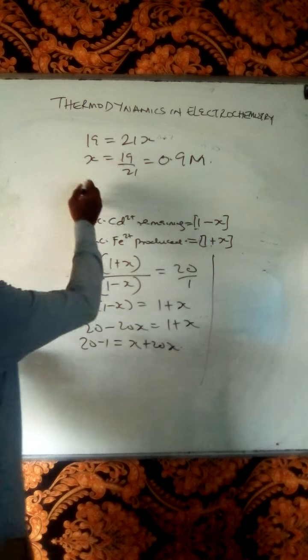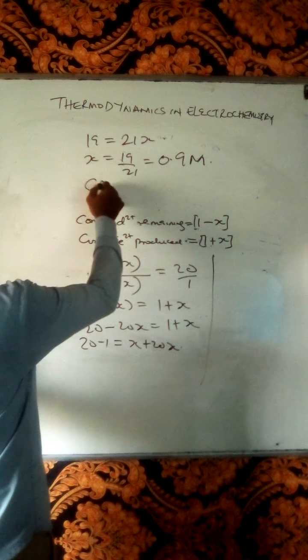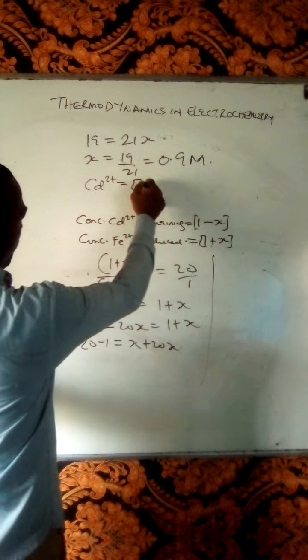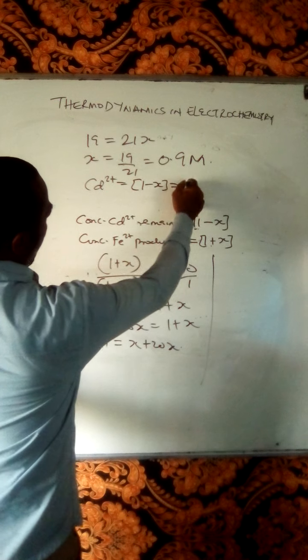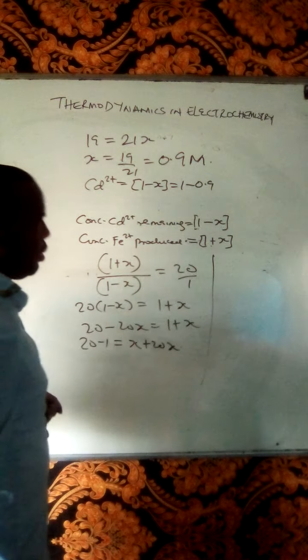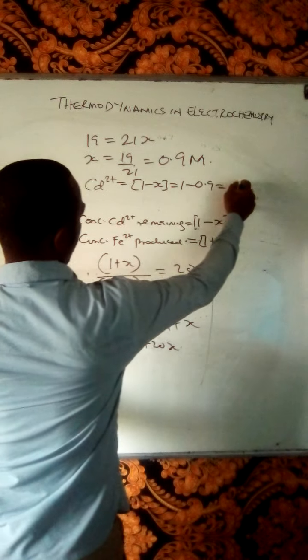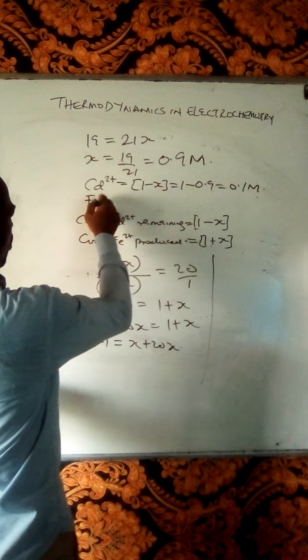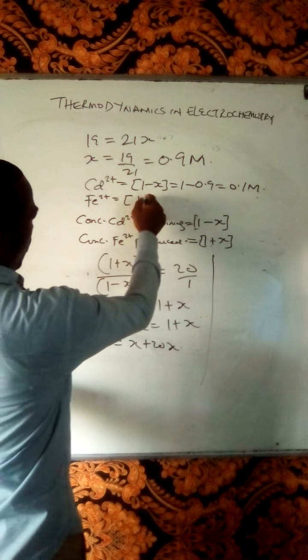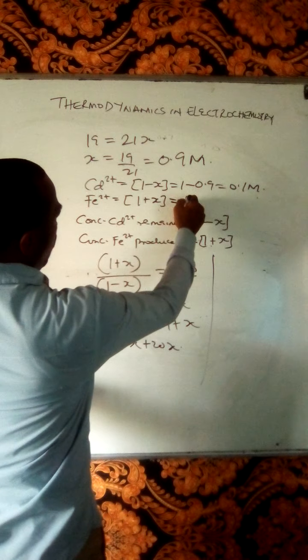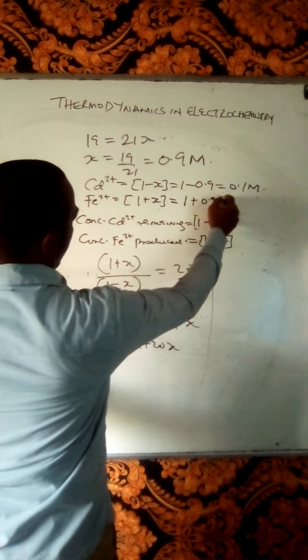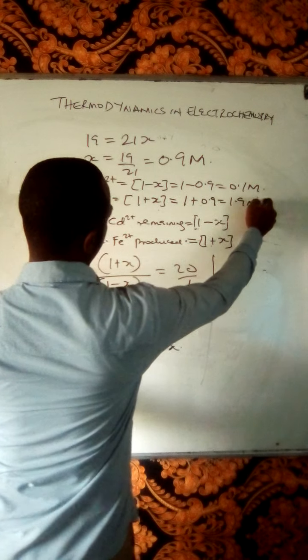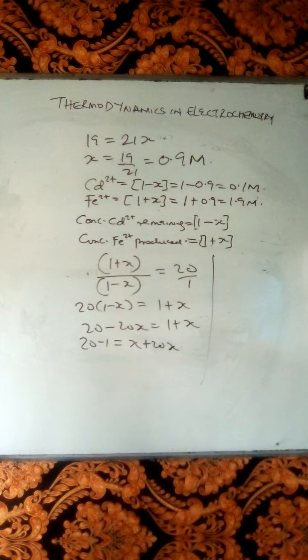So the concentration of cadmium remaining is 1 minus S, which is 1 minus 0.9, giving us 0.1 mole per dm cube. Then for iron 2, we have 1 plus S, which is 1 plus 0.9, giving us 1.9 mole per dm cube at equilibrium.